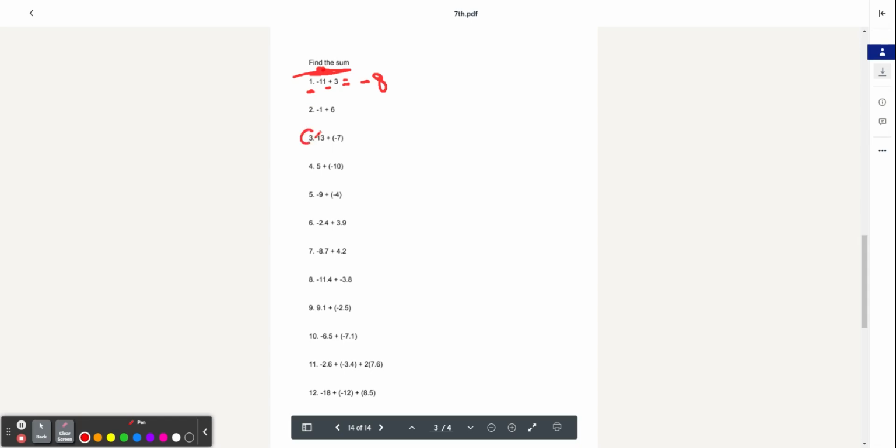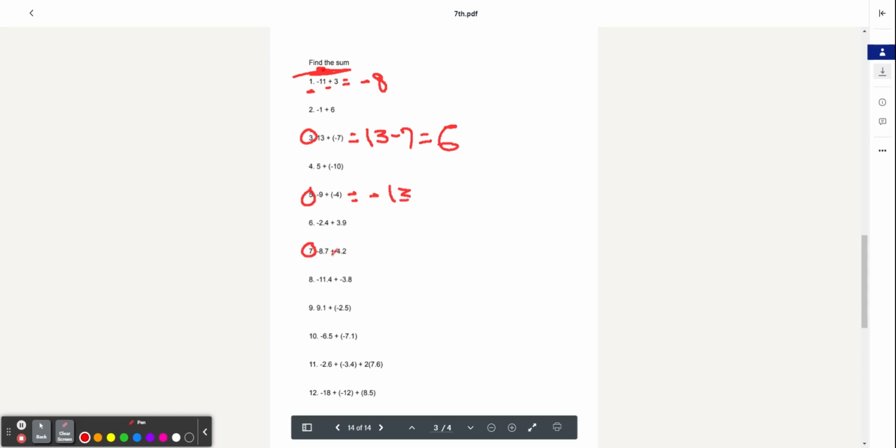Okay, let's try 3. 13 plus -7, that's the same as subtracting. So that becomes 13 minus 7, which is just 6. Okay, 5, -9 plus negative 4. So when you're adding two negative numbers together, it's like just adding. So it's the same as 9 plus 4, but negative. So when we do that, we get negative 13.